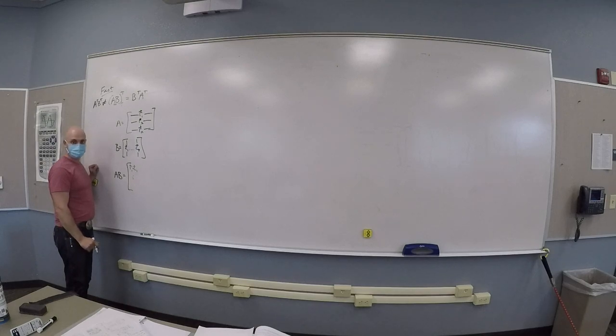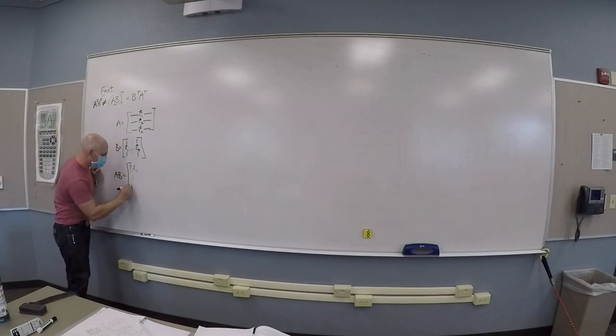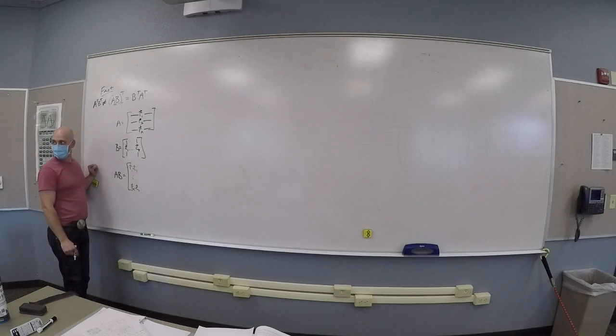Row M, column P. Oh, darn. Row 1, column P. No. Row M, column 1. Good, it's row M dotted with column 1. Yes. You guys see that?